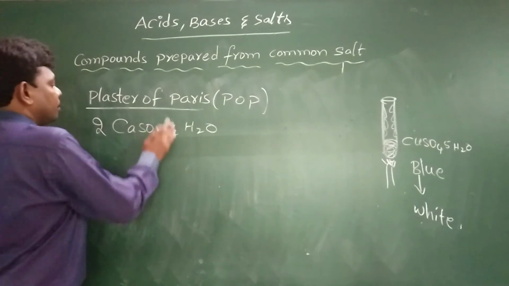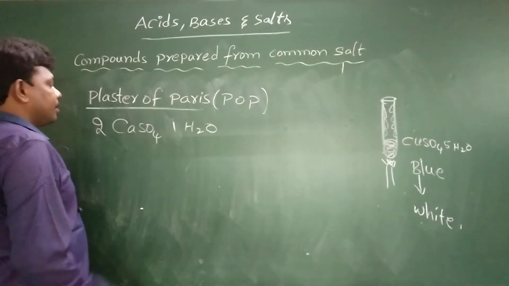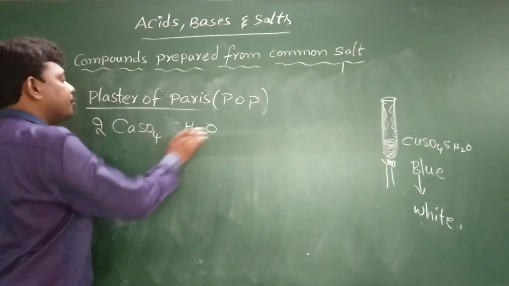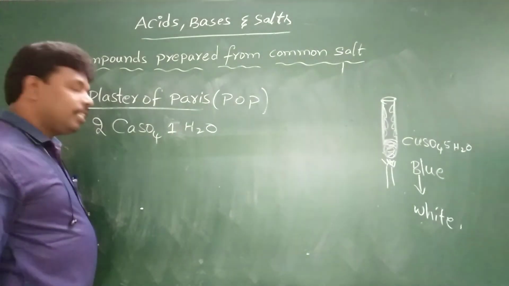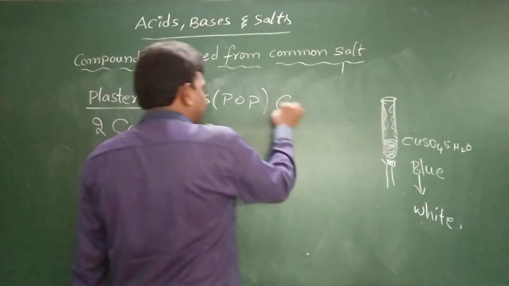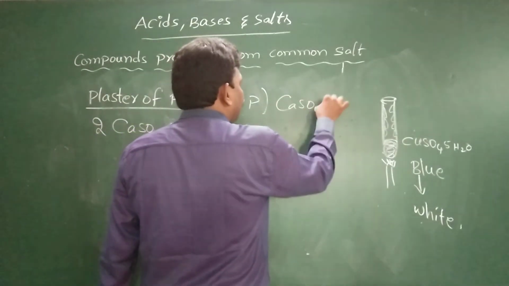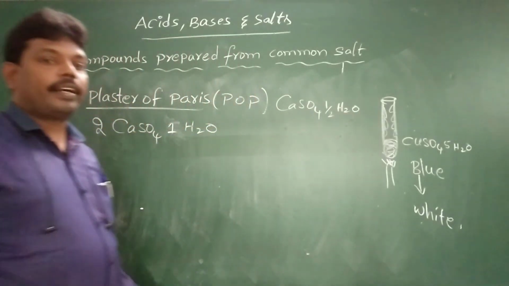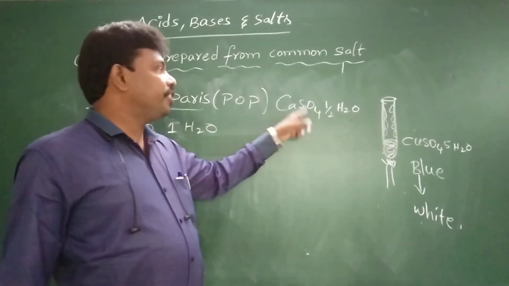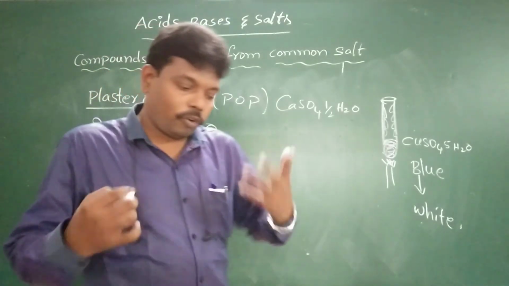Two CaSO4 H2O, sharing one H2O. Generally the actual formula is CaSO4 half H2O, but half is not possible, that's why two calcium sulfates share one water molecule.